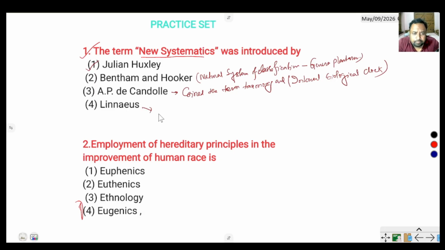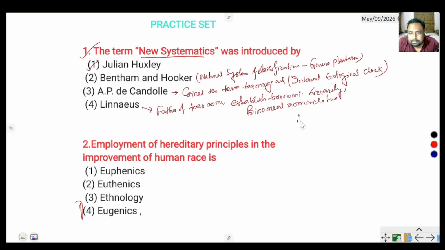Carolus Linnaeus is called the father of taxonomy; he established the taxonomic hierarchy and binomial nomenclature in his book Species Plantarum.